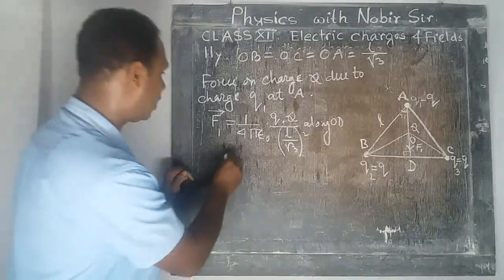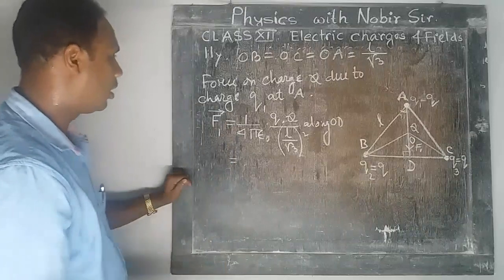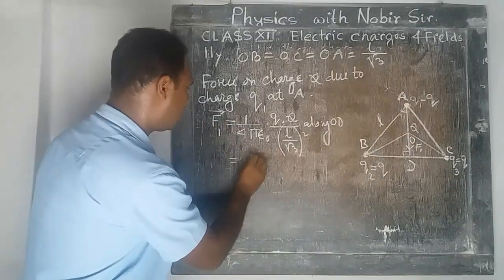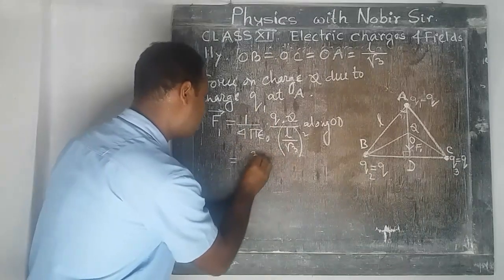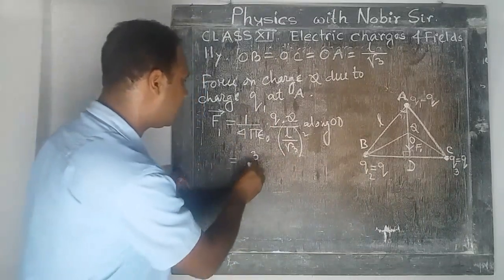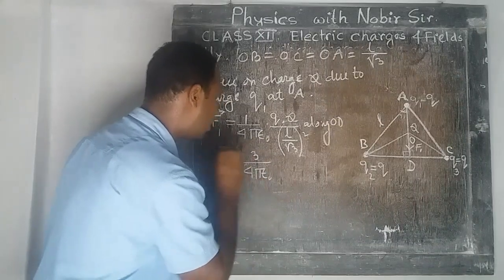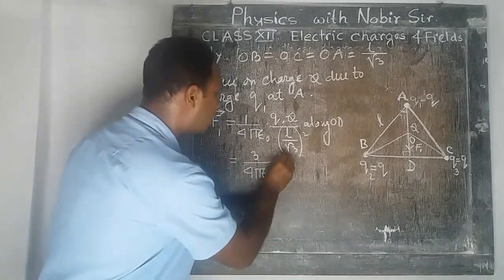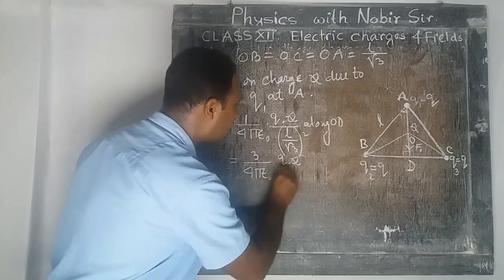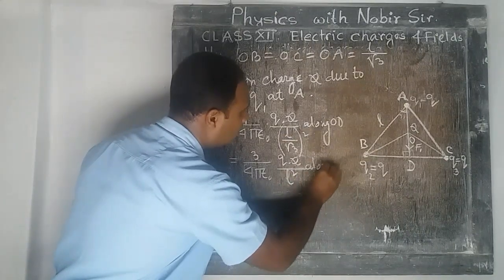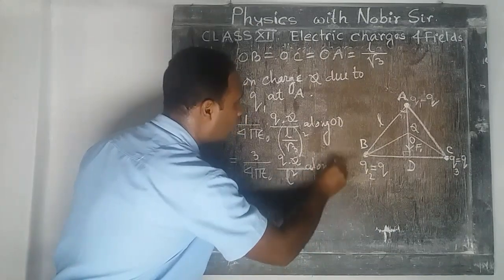This we can write, we just put this one simplify, that is root over 3 square, so it will be numerator that is 3 by 4 pi epsilon naught small q capital Q by L square along OD.